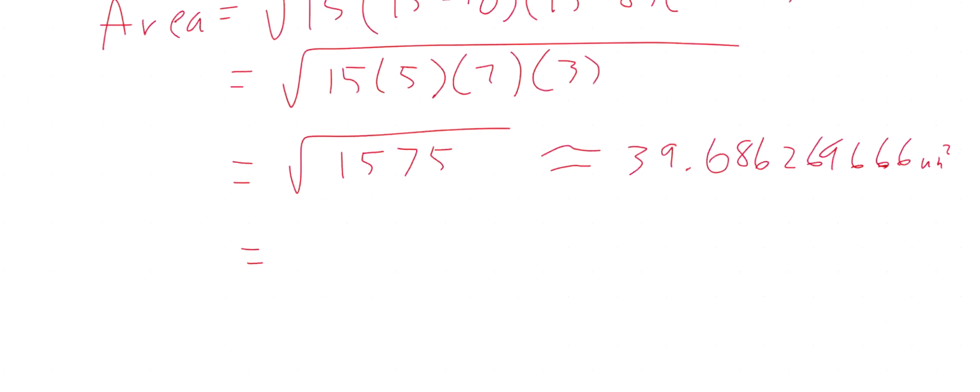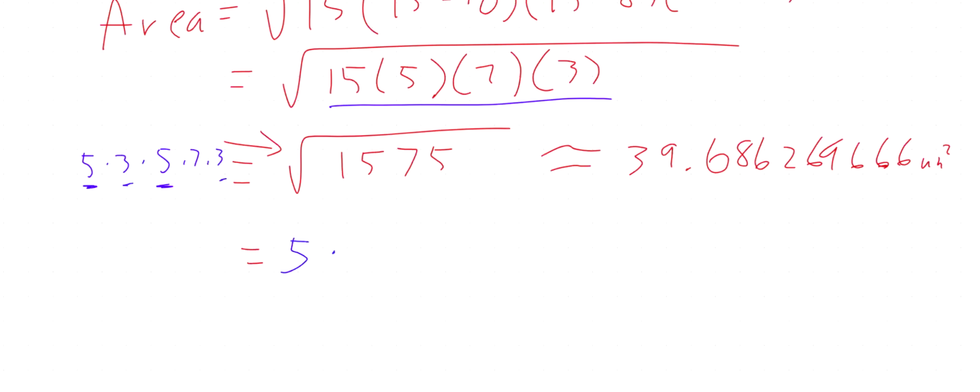However, you might be asked to find the exact value, but in simplified form. So we need to break down this square root. A way that we can do it fairly easily is by looking back here. Now, 15 is 5 times 3, and then we also have another 5, a 7, and a 3. So looking for our matches, 5 times 5 is 25, and the square root of that would just be a 5. 3 times 3 would be 9, and the square root of 9 is 3.